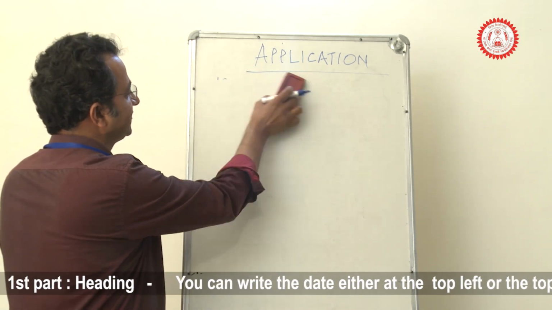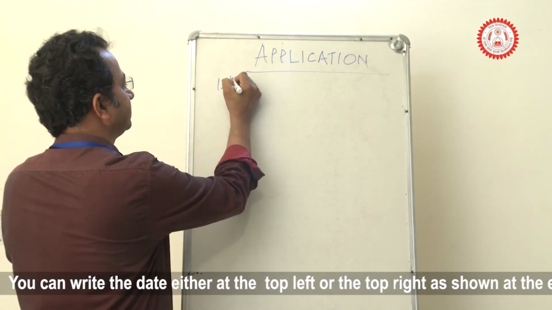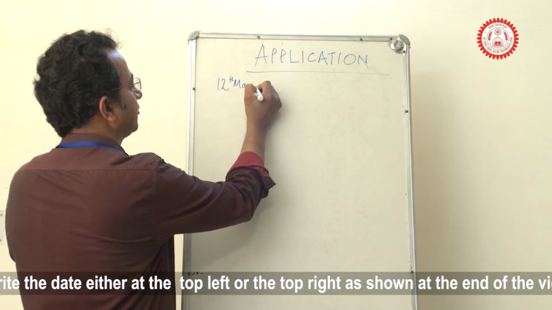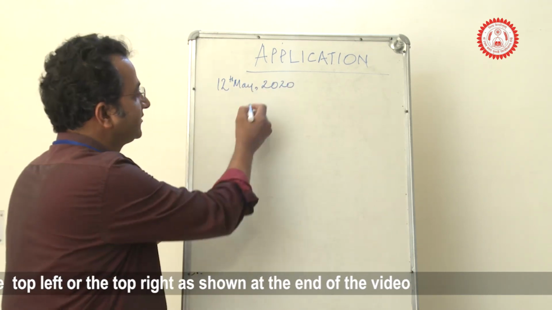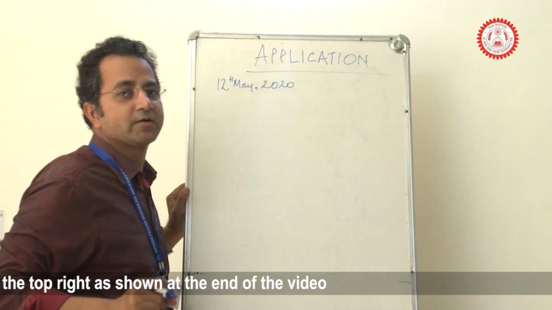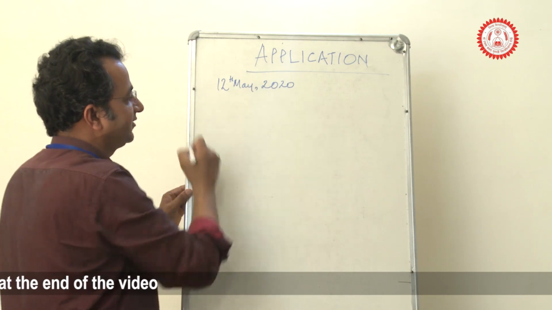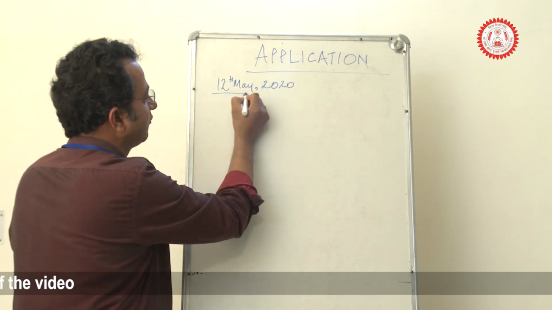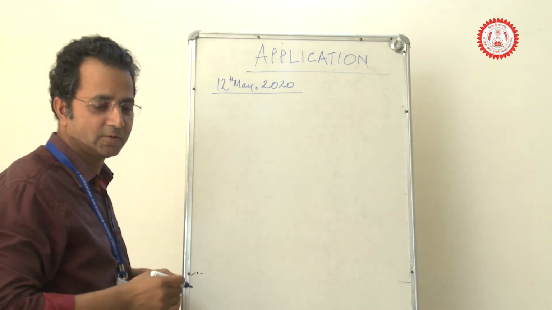Another style is that you can write 12th May, comma, 2020. These punctuations mean a lot in writing applications. So 12th May 2020, and then you give one dash here, or you can underline it or not underline it. There is no problem.